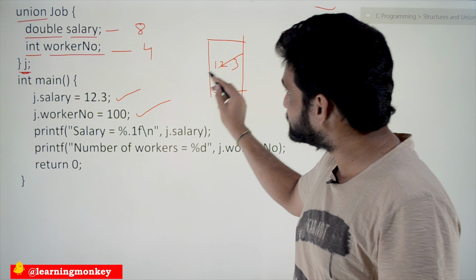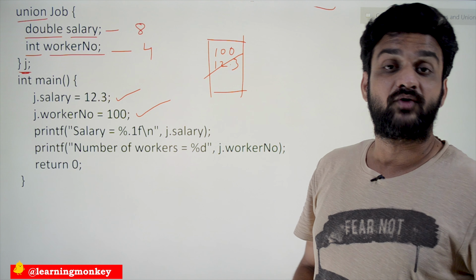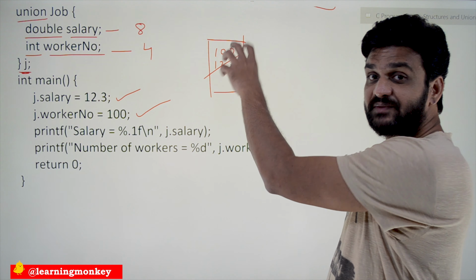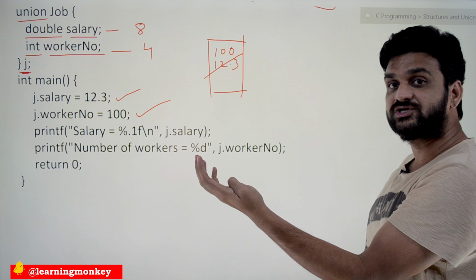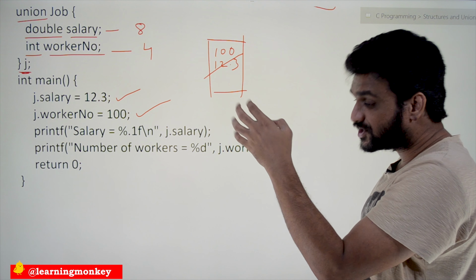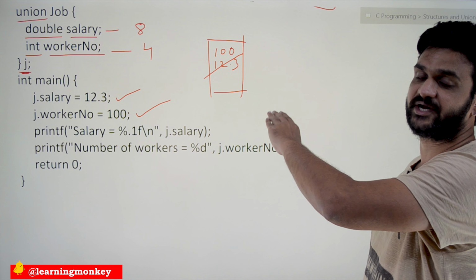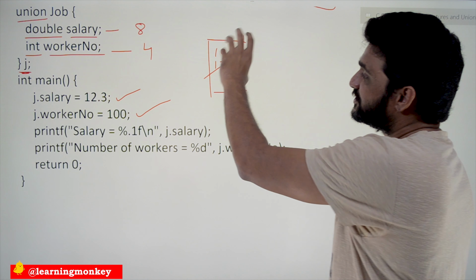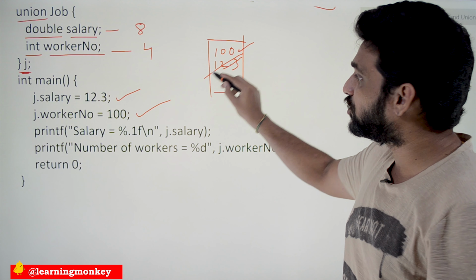So this 12.3 will be overwritten with 100. Even though an integer requires less space, whatever the latest value that has been assigned will get stored in the memory. So this memory now holds 100, and the 12.3 has been overwritten.